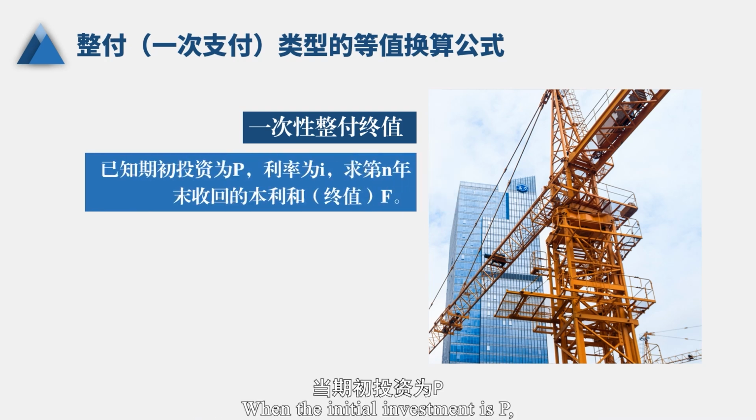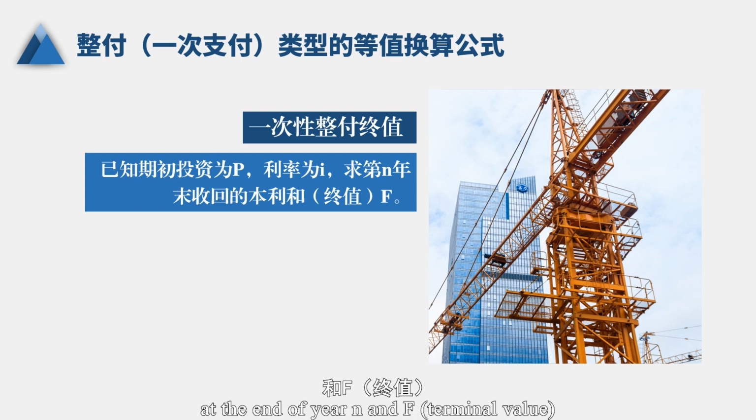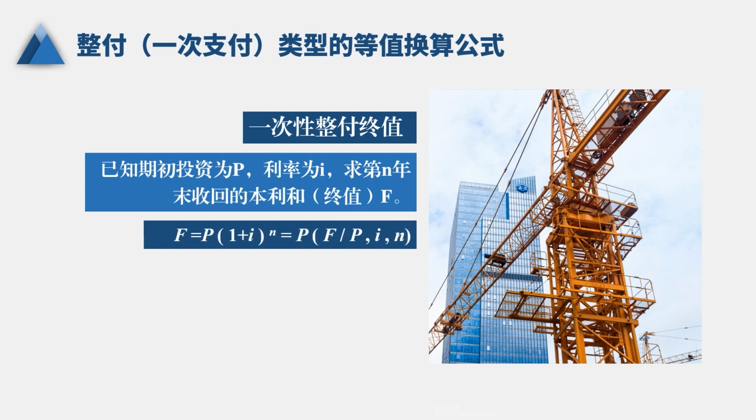When the initial investment is P and the interest rate is I, the principal and interest recovered at the end of year N, the terminal value F, can be expressed as F equals P multiplied by (1 plus I) raised to the power of N, equals P multiplied by (F/P, I, N), equals P multiplied by (1 plus I) raised to the power of N.